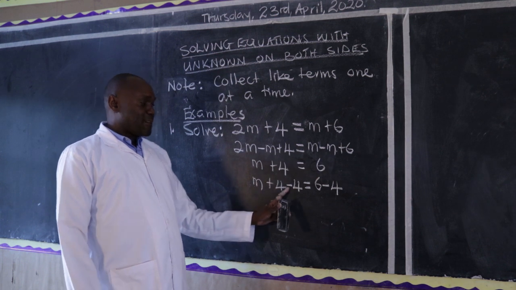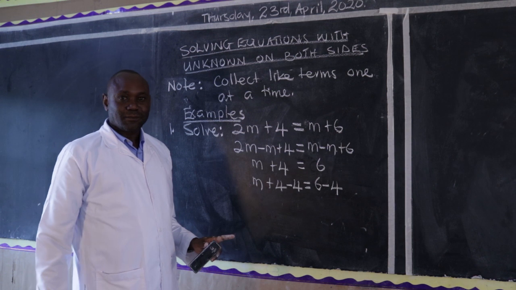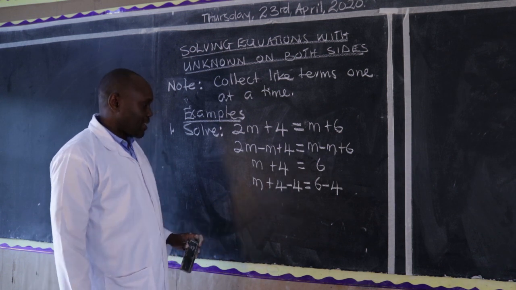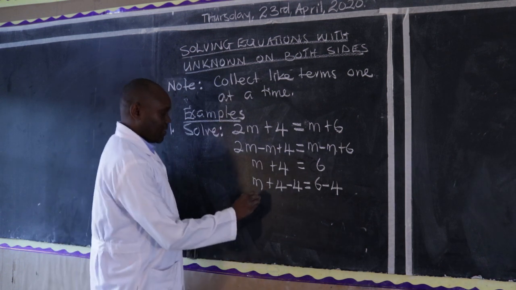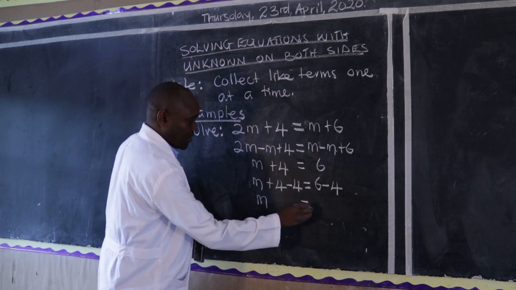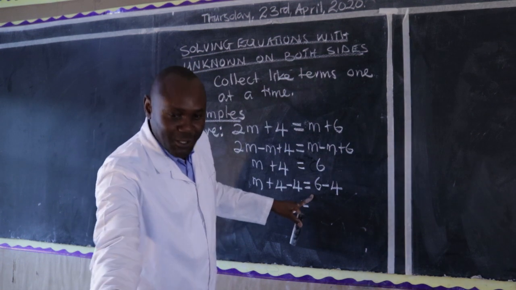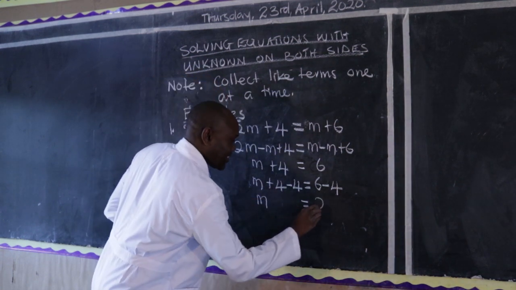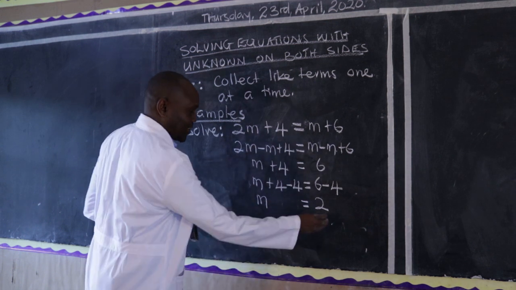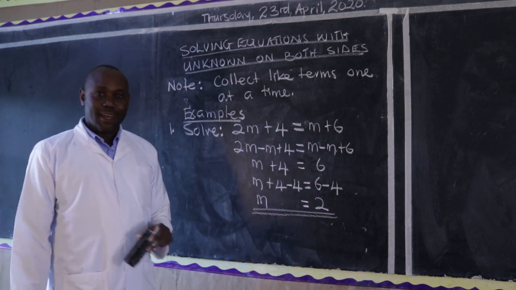Not only subtracting from here, then on this side you add. You have not collected like terms here as expected. So m, 4 minus 4 is 0. So candidate, 6 minus 4, mental work. The answer is 2. So that is the value of m.